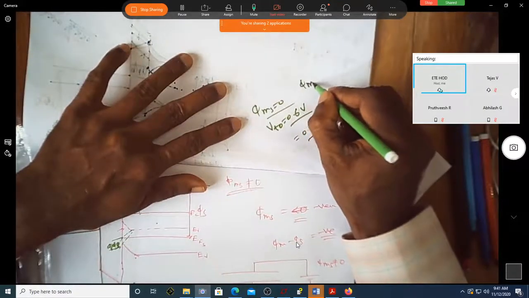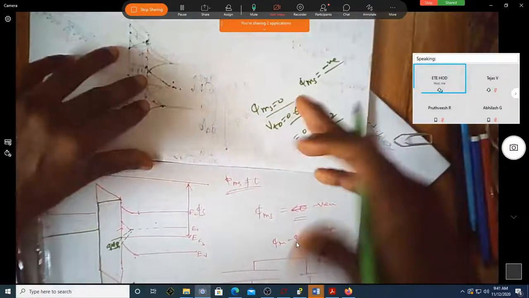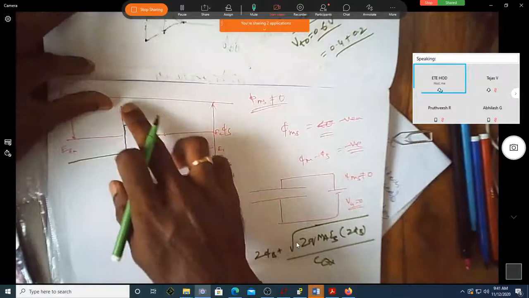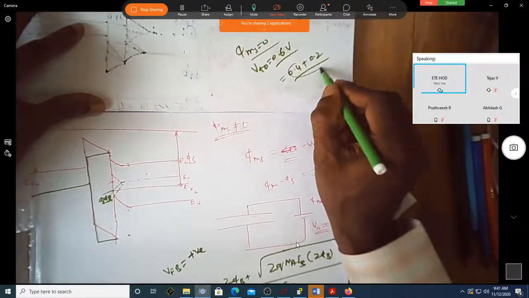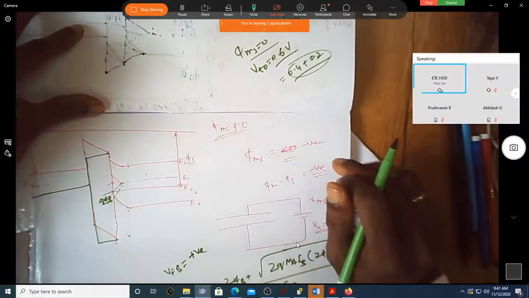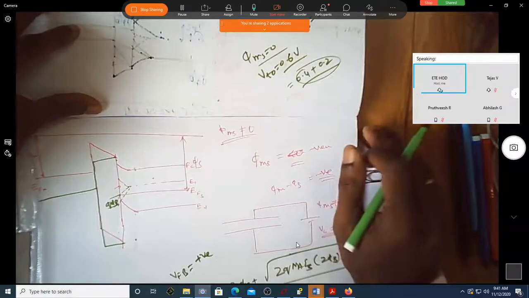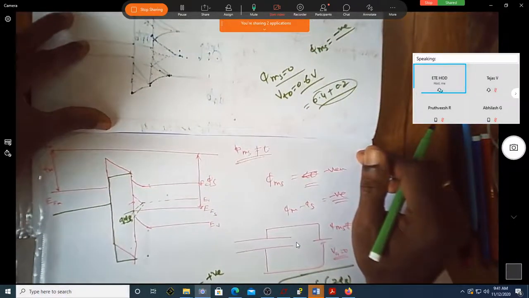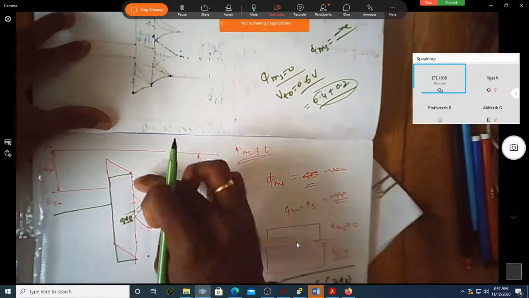If phi ms is negative, the band is already bent like this. What should happen? Along with this 0.6, I should apply some extra voltage. Why should I apply some extra voltage? Getting my point? 0.6 is true if the band is flat.